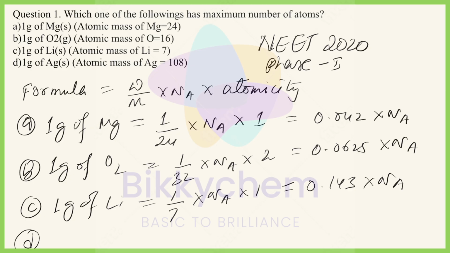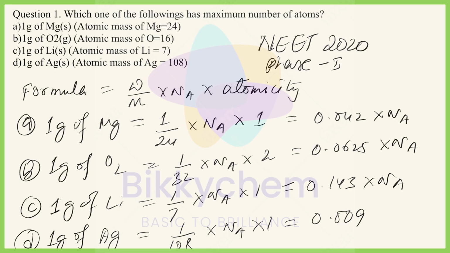And D is 1 gram of Ag, 1 by 108 into Na into 1, which equals 0.0093 into Na.